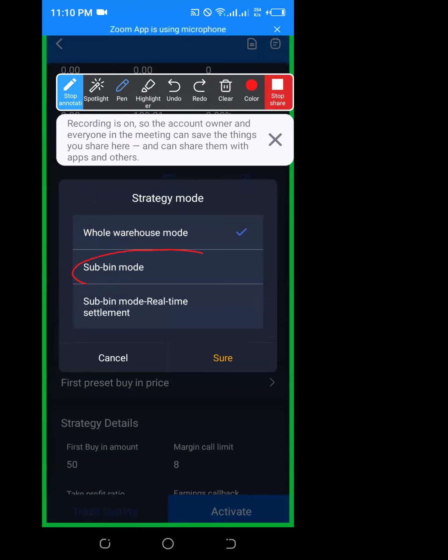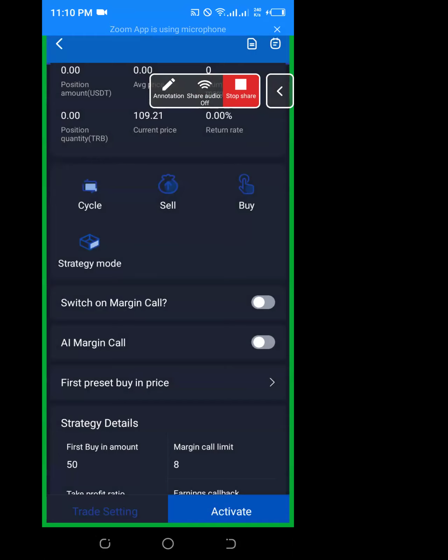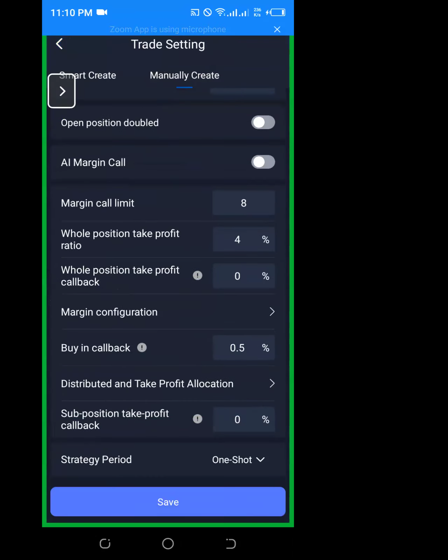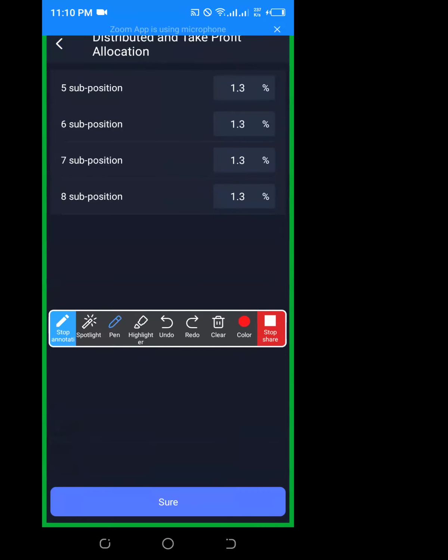We have what we call the sub-in mode. It means that you are telling the robot to buy and sell these assets, but whenever it makes a profit, it will not deposit it in your Binance instantly. But in case you get stuck in the market somewhere, the robot will be reinvesting the profits back in the market.